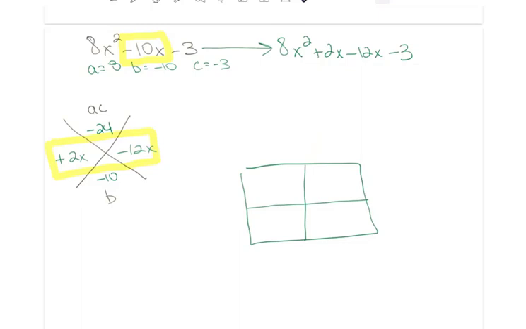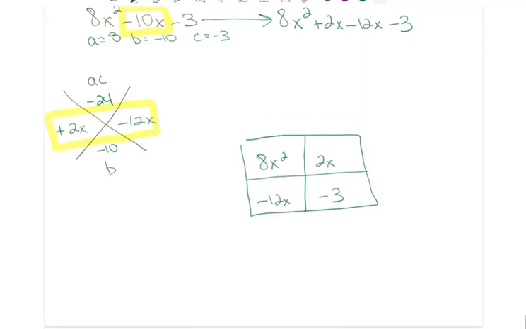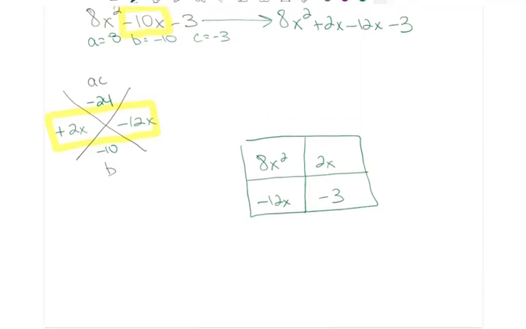Yeah. So now we're just going to put those into our little box. So 8x squared, 2x, negative 12x, and negative 3. Not too bad. Alright.